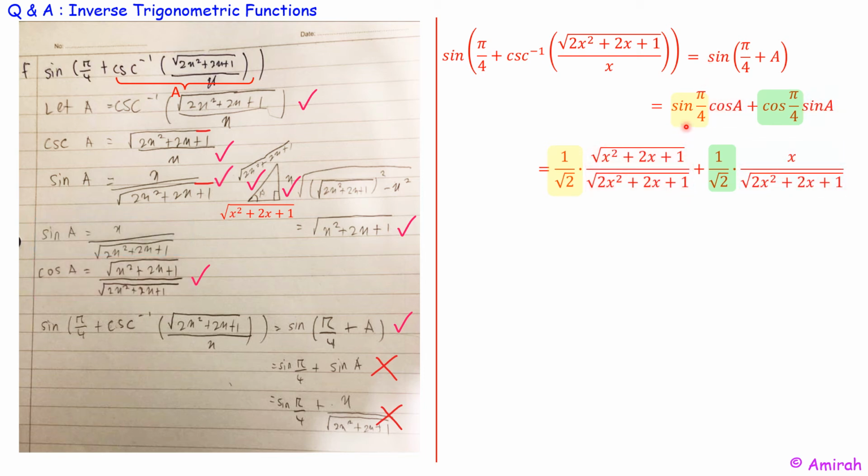Alright, how we get sin pi over 4 equals to 1 over sec 2 and cos pi over 4 equals to 1 over sec 2. Pi over 4 radian is actually equals to 45 degrees. Why? Because pi radian equals to 180 degrees. So 180 degrees divided by 4 equals to 45 degrees. Okay?